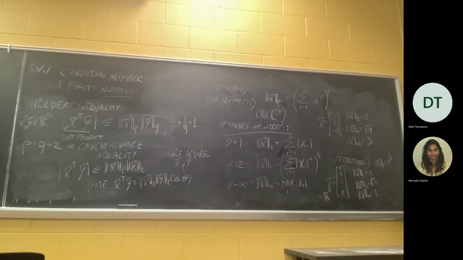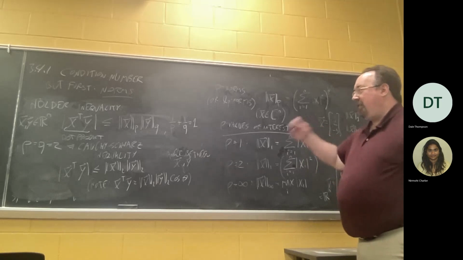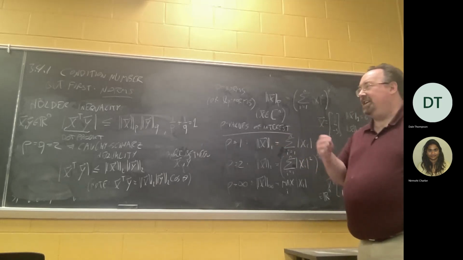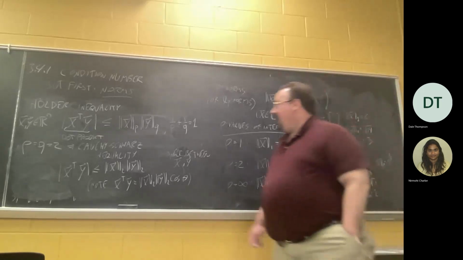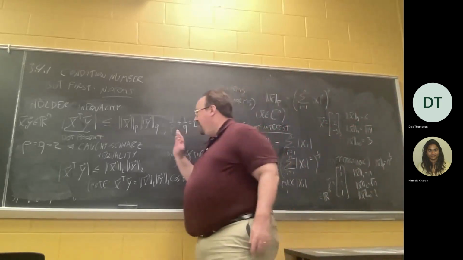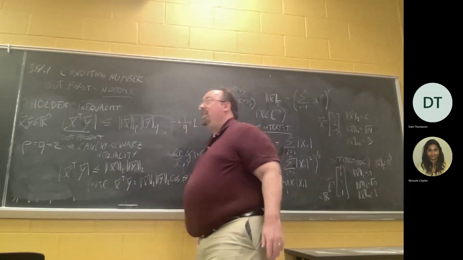But I will tell you about a prank I pulled once on my Calculus 3 students over the dot product, because the dot product is commonly taught here in Calculus 3. So I had introduced the Cauchy-Schwarz inequality that you see here.